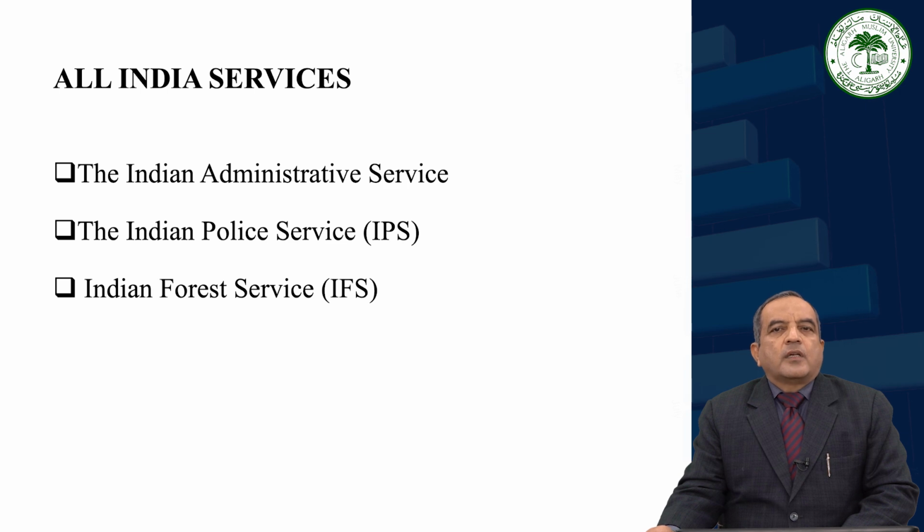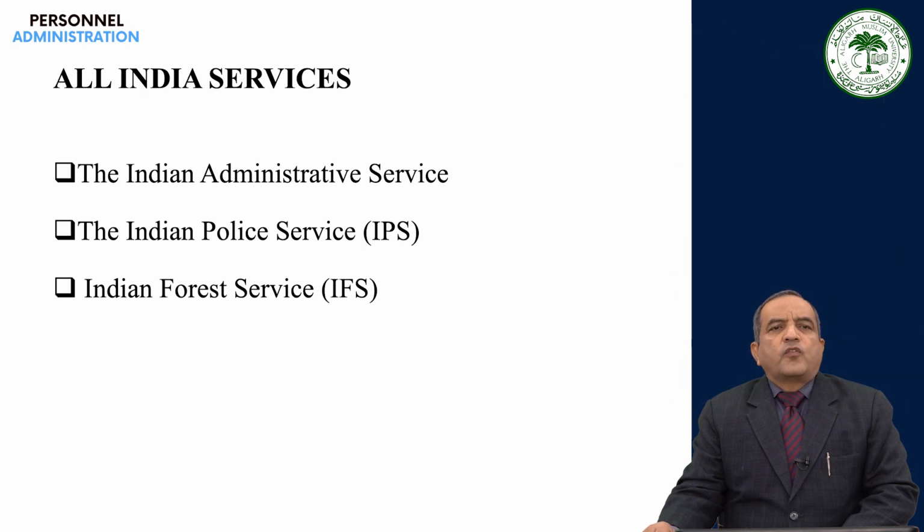The people who work for these services are assigned a state called a cadre state, and they work for that state's government until they retire. They can, however, work for the Indian government on a deputation basis for 10 years.